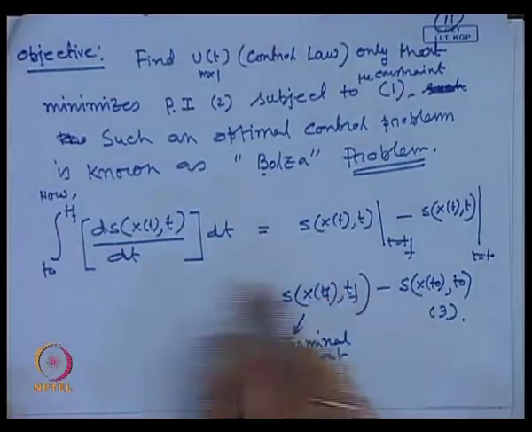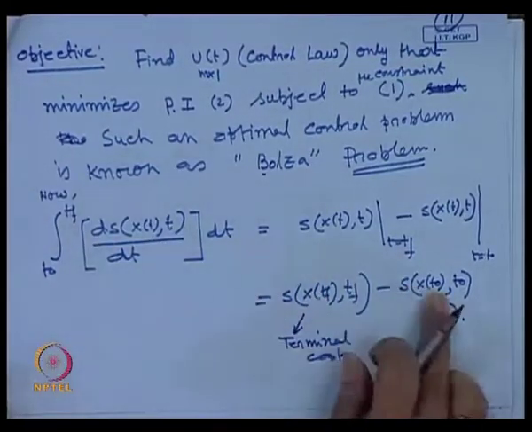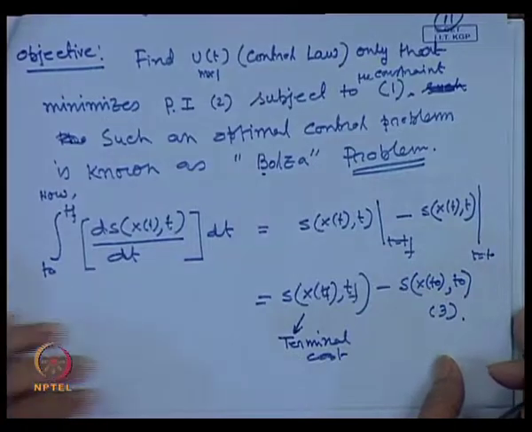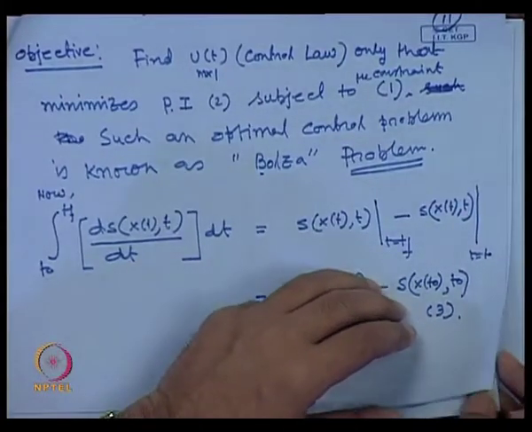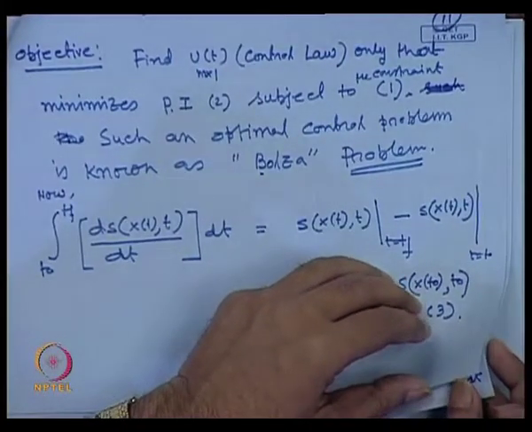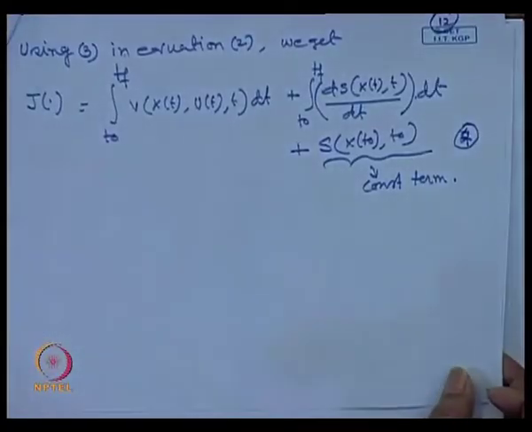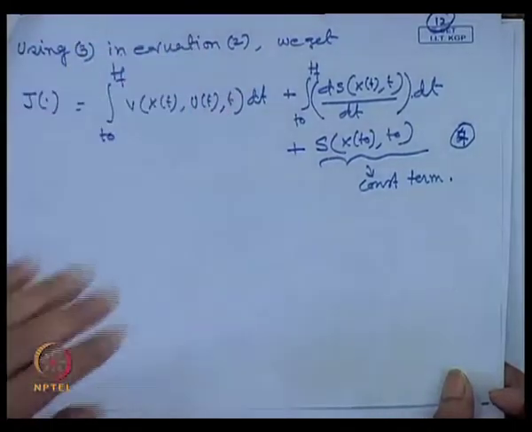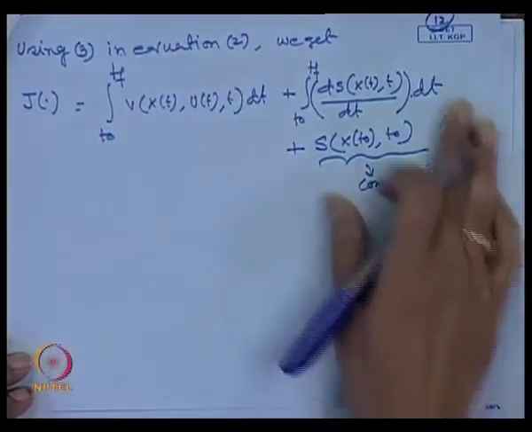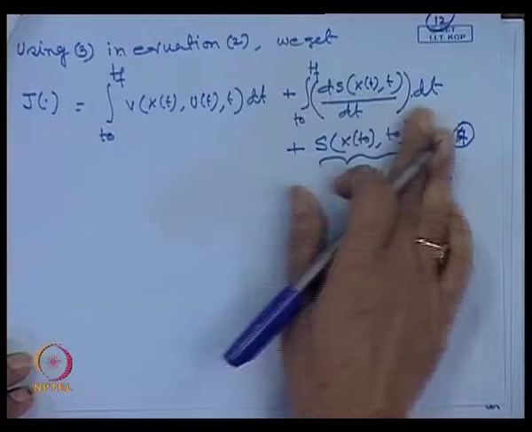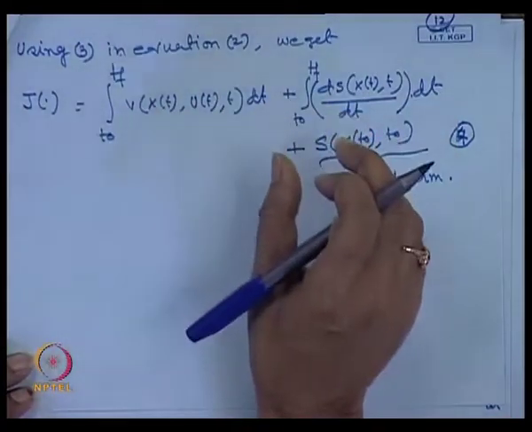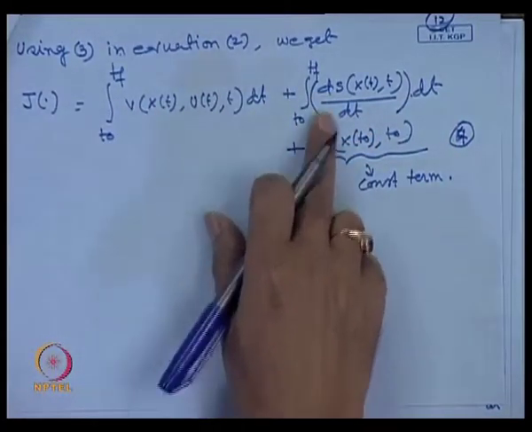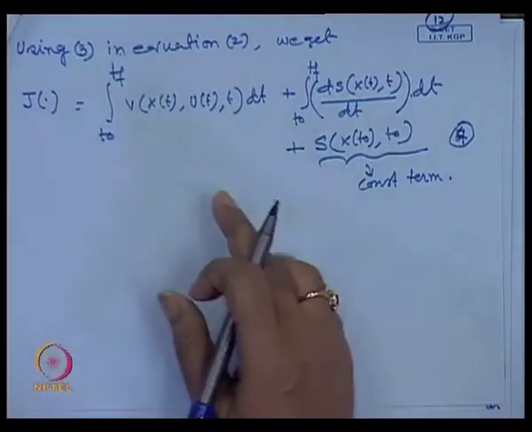The terminal cost will be expressed in terms of an integral and a constant term, because at t is equal to 0 the terminal cost is fixed and known. Using this in our original performance index, we get this one, as we saw in the earlier slide.